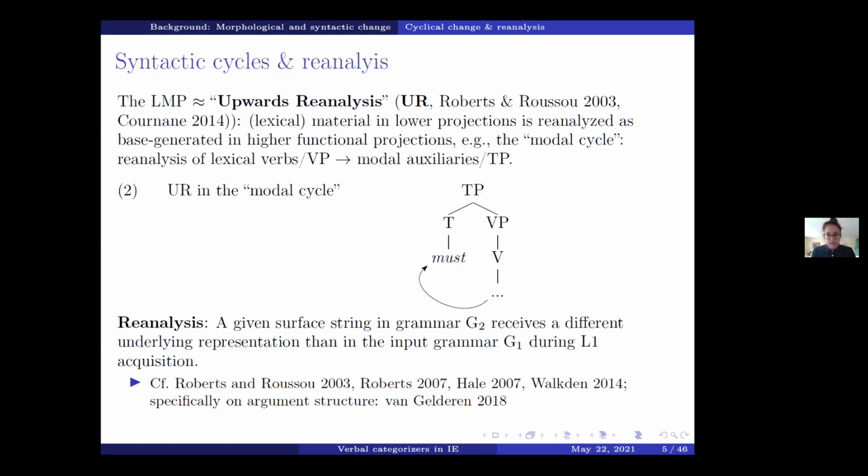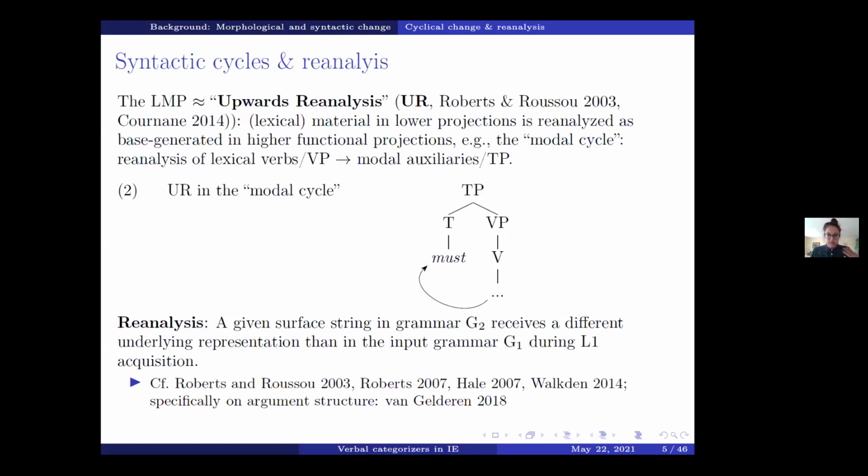So 2 gives you just an example of the modal cycle where lexical verbs in the VP are reanalyzed upwards into the TP and end up as modal auxiliaries. So rather than merging low and then moving, the LMP or upwards reanalysis or similar principles say you just merge higher and save yourself the additional step.